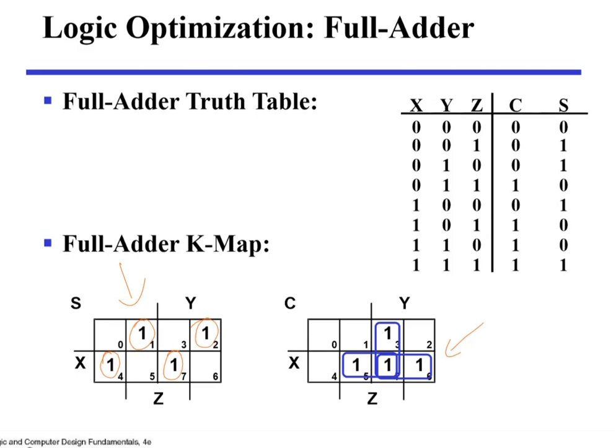So now let's try to get the Boolean expression for this, right? So S will be, let me write it down here, S is equal to, all right, so first one, let's start with this one, right? X naught, Y naught, and then Z, or, okay, second one. So here what changes? So X naught, okay, Y, and then Z naught, right? And then let's take a look at this one.